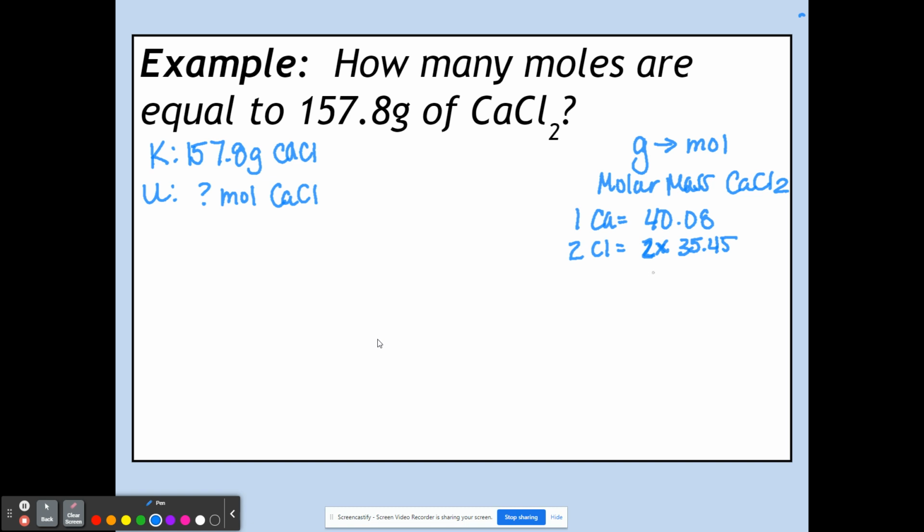And we're going to add those together. So I have 40.08 plus 70.9, sorry. My molar mass is 110.98 grams. Okay. So I'm going to start with my known and put it over 1.